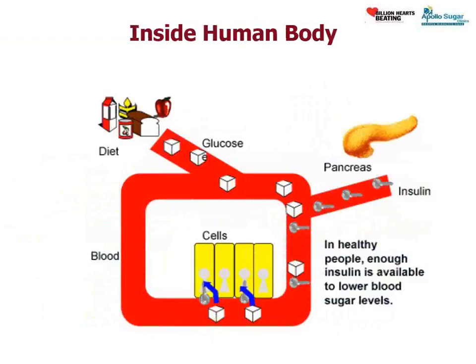For this, sugar has to surpass the cell's lock. In order to surpass that lock, it requires a key. And if that key is not available, then there is a disbalance in the sugars, which go back to the blood, and hence it goes to high blood sugars, which is called diabetes.